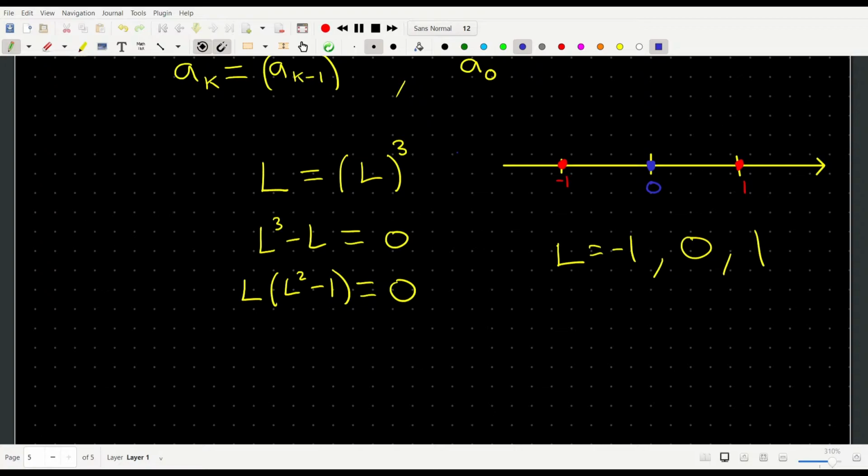I chose the colors on purpose, red for -1 and 1, and blue for 0.